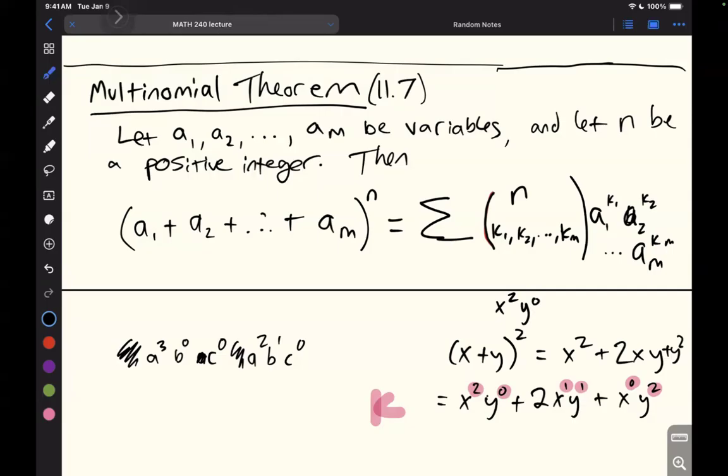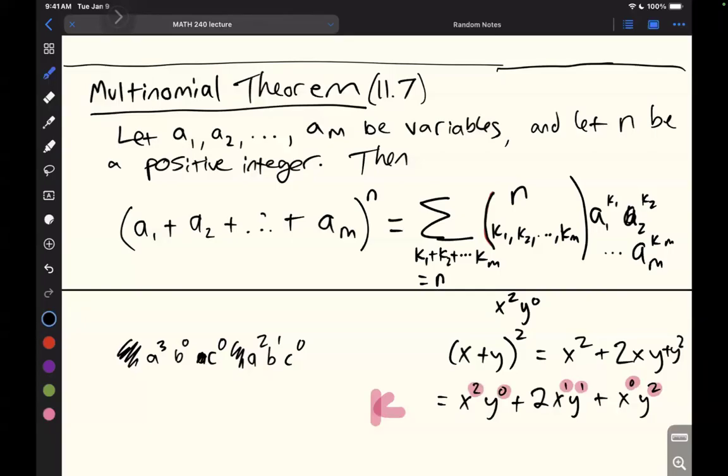So the k's are the powers, the exponents. And then what we call the multinomial coefficient, that's the number that we just learned how to compute. And so what goes down here is the sum of k1 plus k2 plus until km, and this ends up being equal to n.